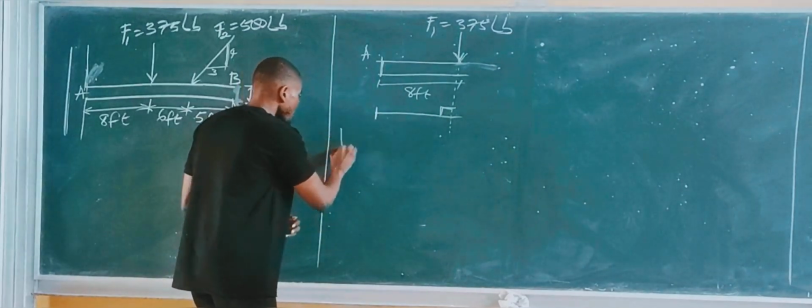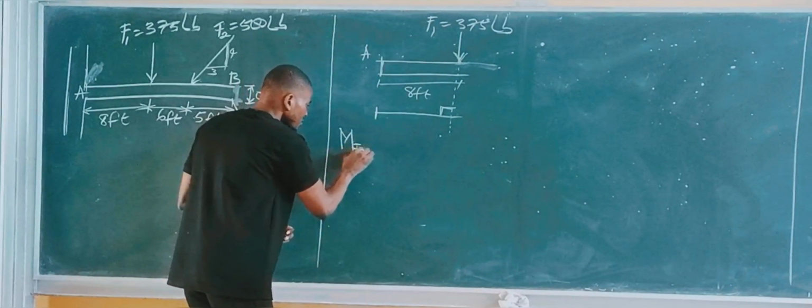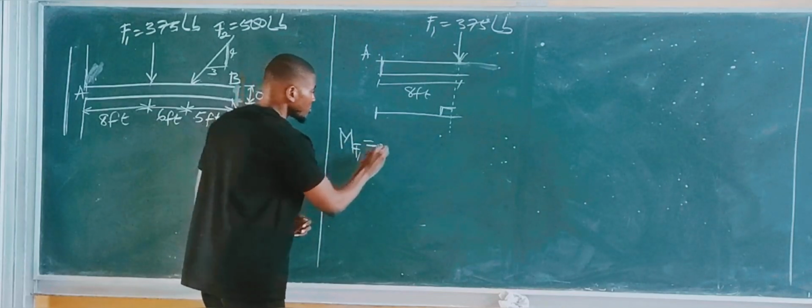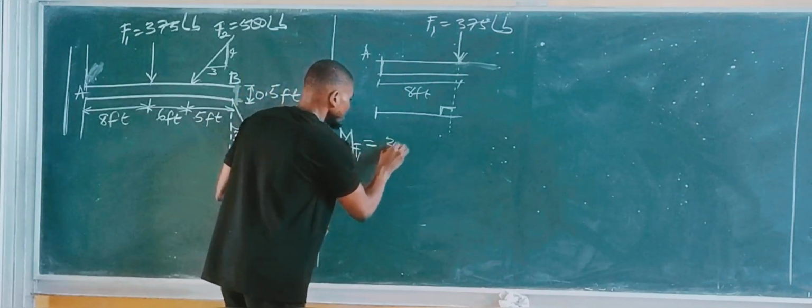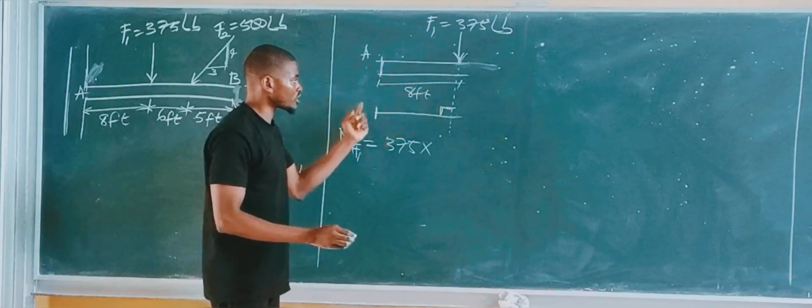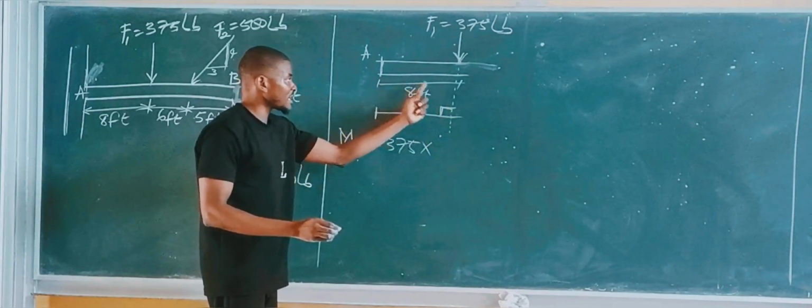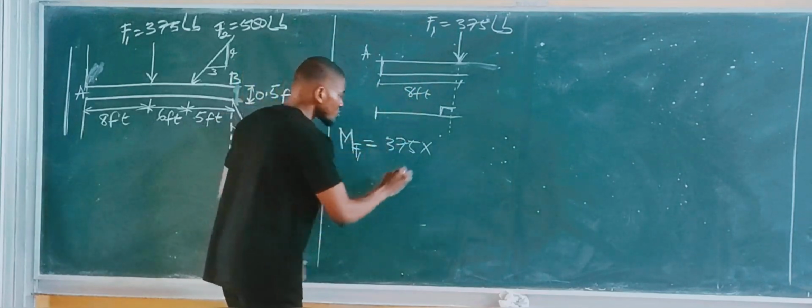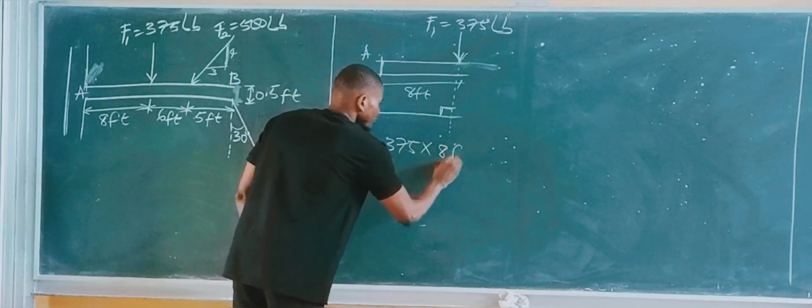So therefore, the moment of F1 about point A is simply what? The force, 375, multiplied by the distance it takes this force to get to point A that makes an angle of 90 degrees, and that distance is simply 8 feet. So multiplied by 8 feet.